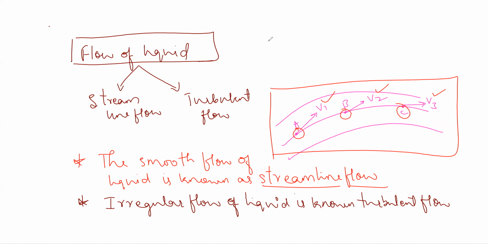If all the succeeding particles of the fluid move along A, B, C with the velocities V1, V2 and V3 at points A, B, C, then the flow of fluid is known as steady or streamline flow. The path followed by the particles of the fluid in a streamline flow is called a streamline. Let us see some of the characteristics of streamline flow.